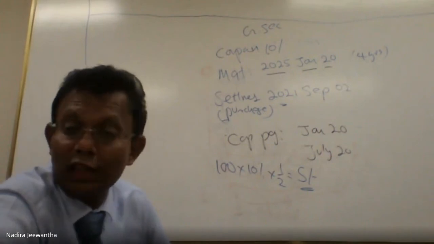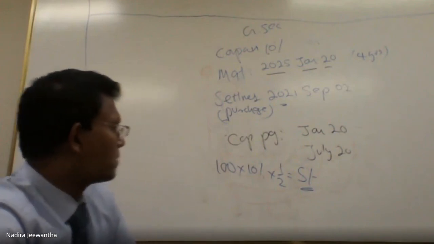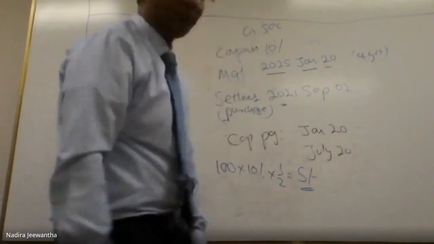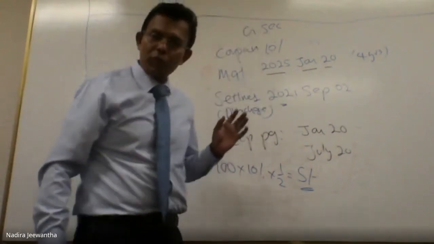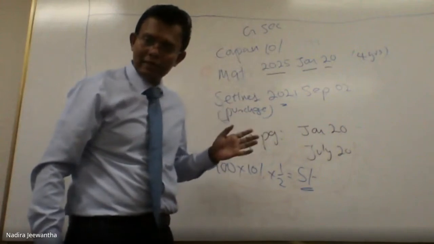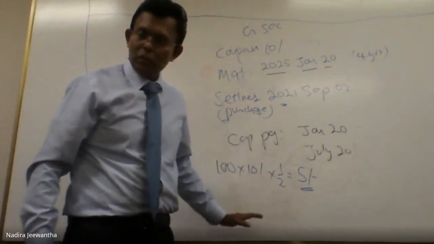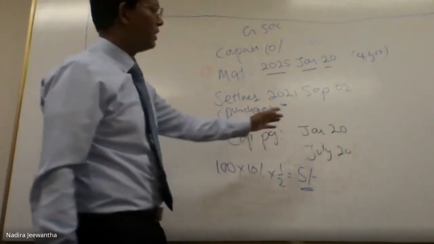So then, how do you rectify this error? Which part is not relevant to you? Shall you calculate that? From the last coupon date to the settlement date. When is the last coupon date?